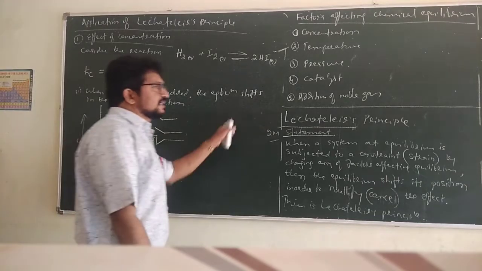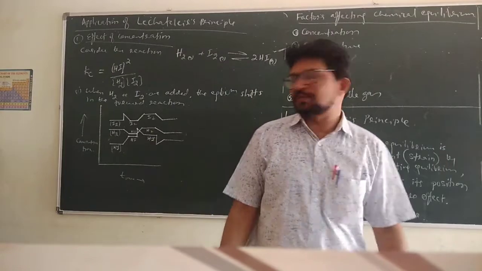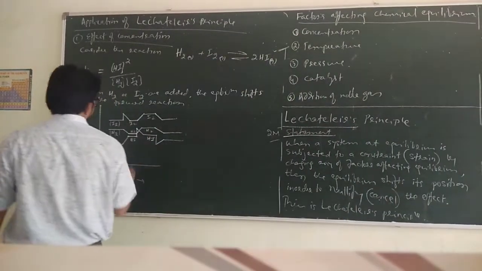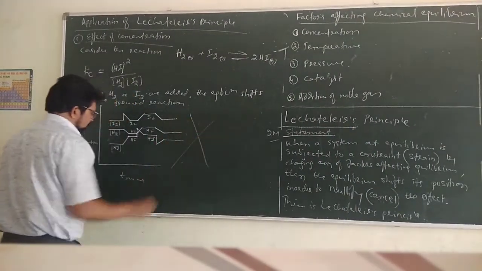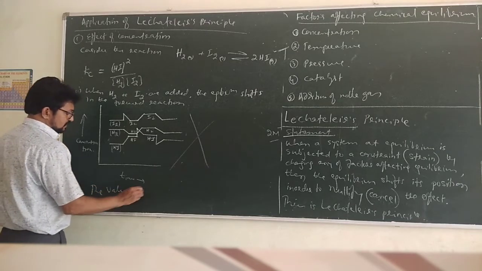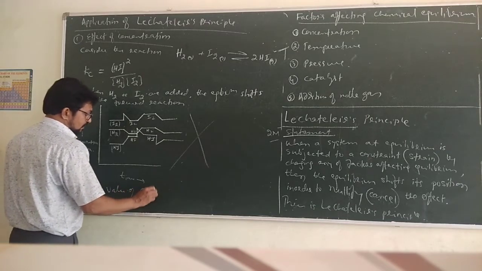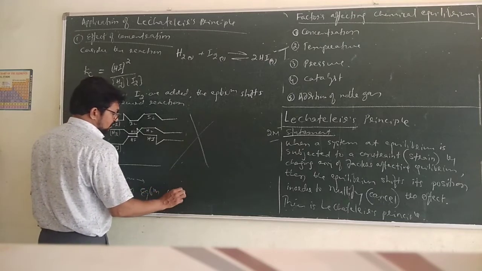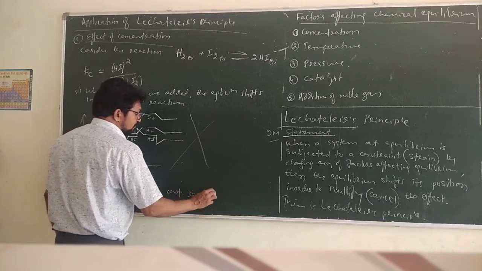If HI is added, the reverse reaction is favored. So what to write in the conclusion? The value of the equilibrium constant remains the same.